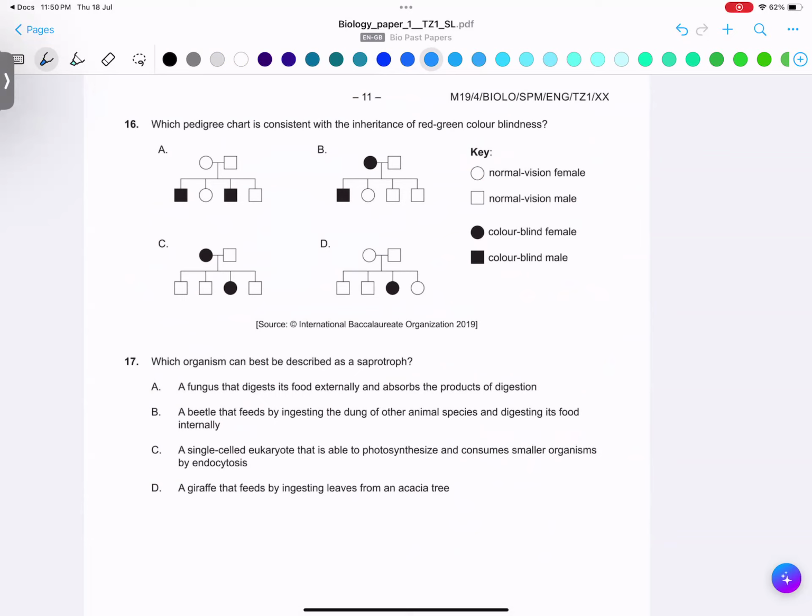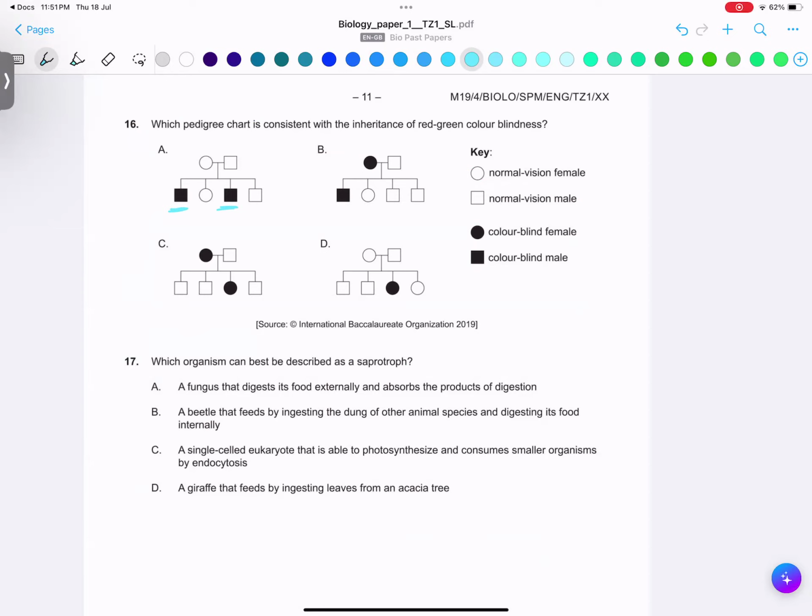We need to look at each one. For A, both the parents are normal, and both the males have red-green color blindness, and this is because it's a recessive disease, which is X-linked.